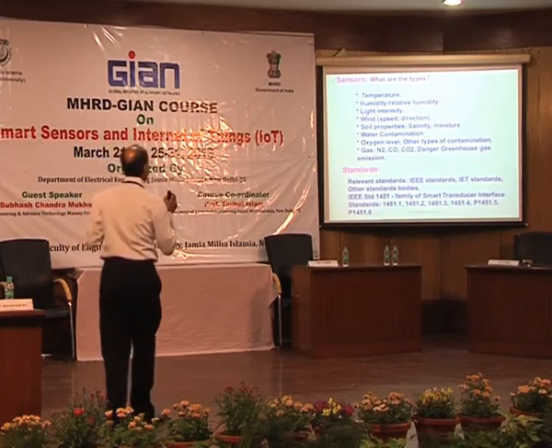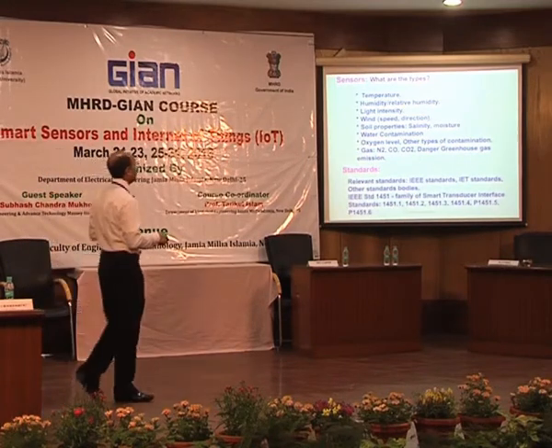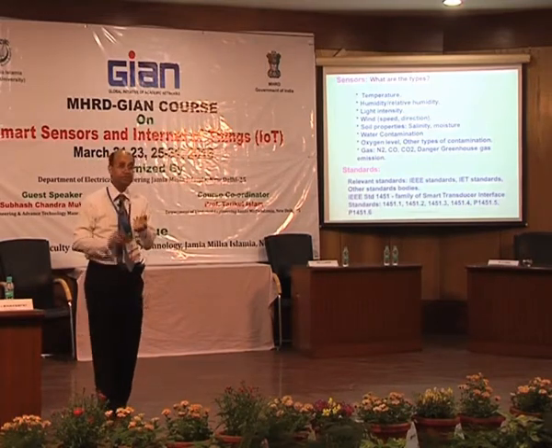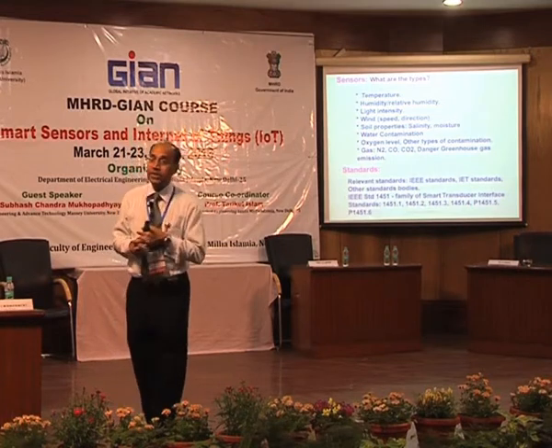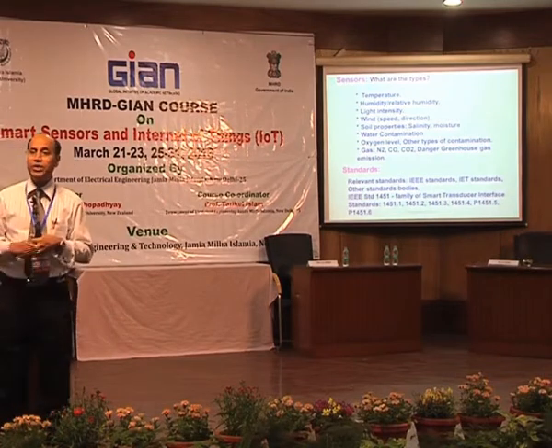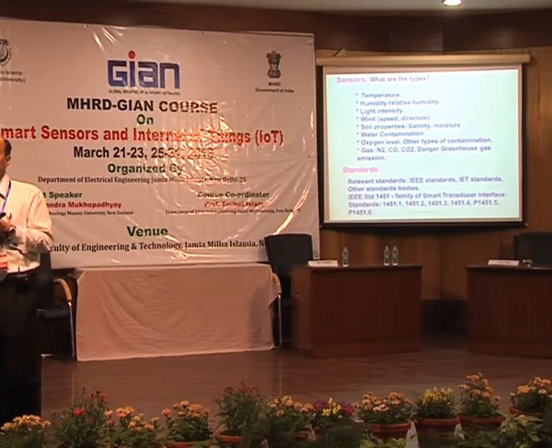So temperature, humidity, light intensity, wind, those are the normal things. Then we have soil for agricultural applications. We need to know the moisture, we need to know the salinity. Also, there are nutrients like nitrogen, phosphorus, potassium. One of my students is developing a sensor array for these 3 things, nitrogen, potassium and phosphorus.